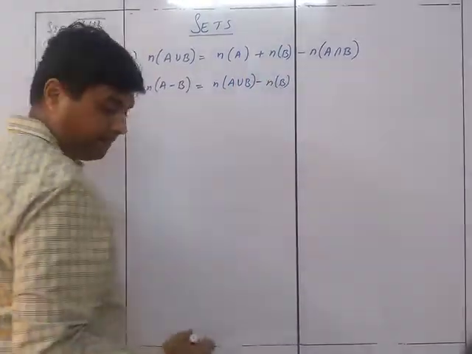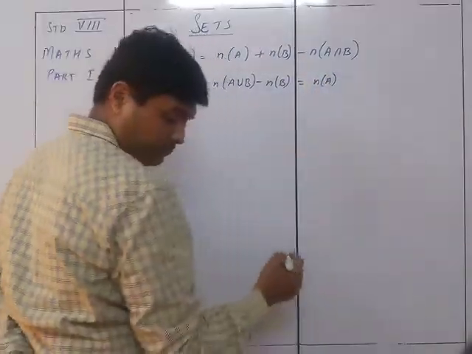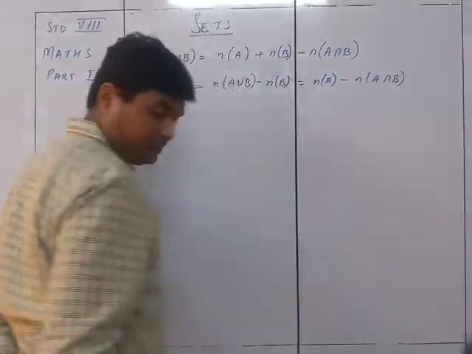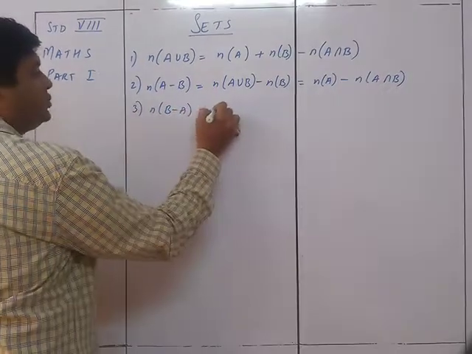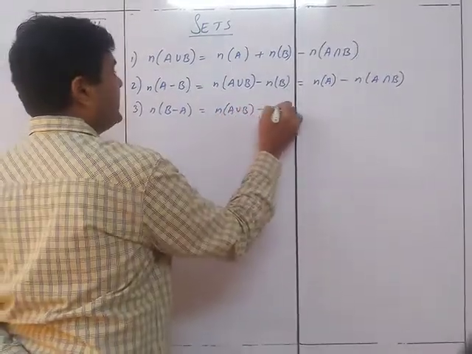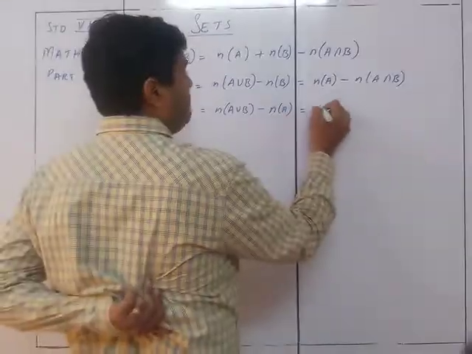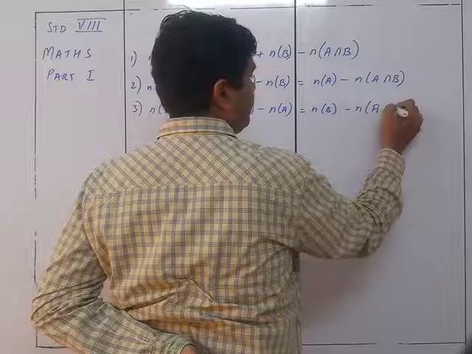It is also equal to n(A) minus n(A intersection B). Similarly, the third one, n(B minus A) is equal to n(A union B) minus n(A), which is equal to n(B) minus n(A intersection B).